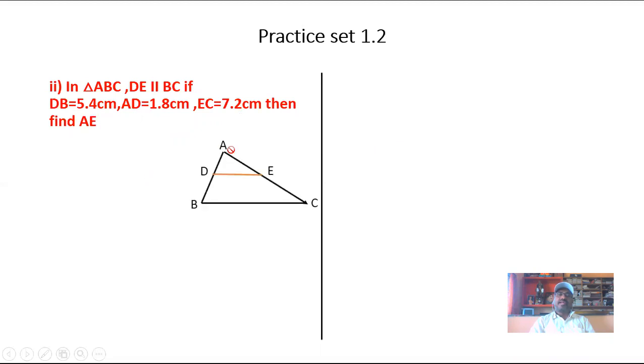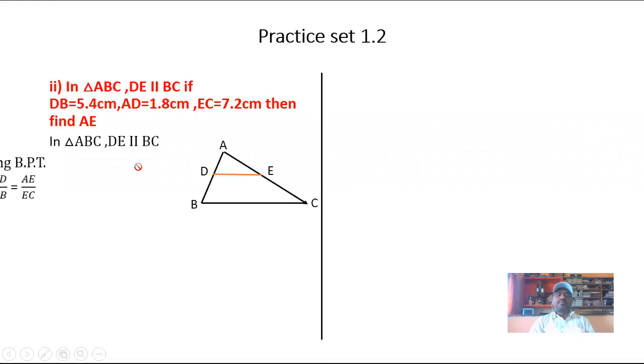In this triangle ABC, DE is parallel to side BC, BD is equal to 5.4, AD is equal to 1.8 centimeters, AC is equal to 7.2 centimeters. Then find AE.